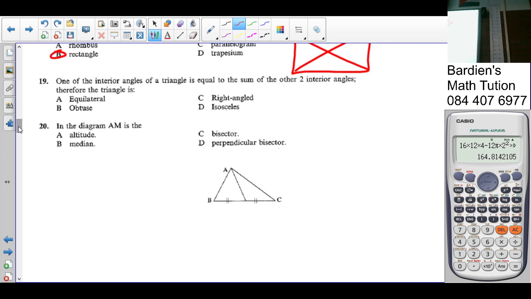19. One of the interior angles of a triangle is equal to the sum of the other two interior angles.